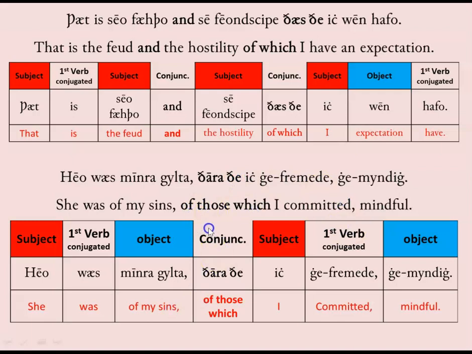which, and to say of those which, we use the, standing for which, and then thara, of those, because thara is the plural genitive. There's thara, thara, two different spellings at least, but the A on the end marks the plural. It is the plural demonstrative genitive.